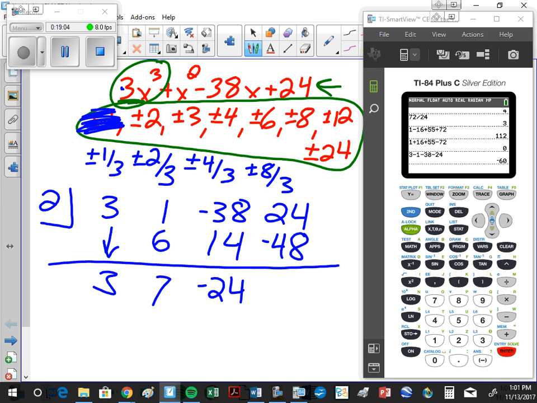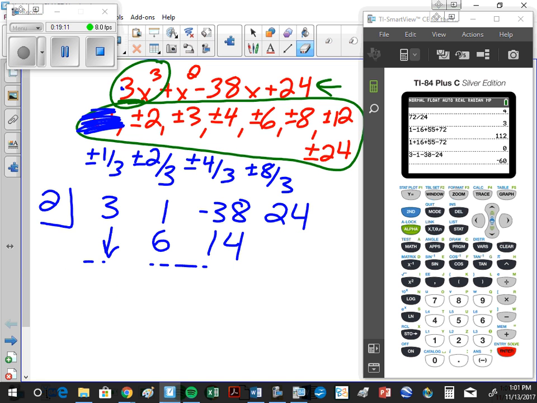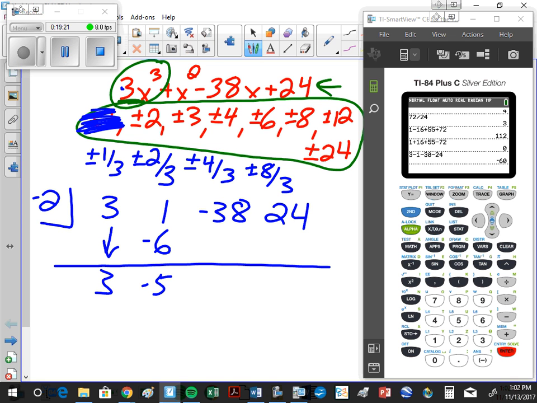That didn't work. All right. Let's try negative 2. Negative 6, negative 5, 10, negative 28. That didn't work. So I know the 2's didn't work.